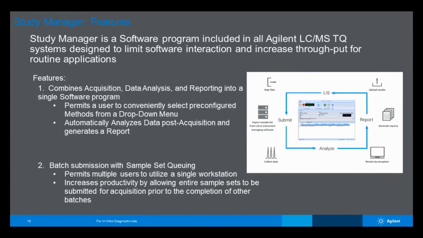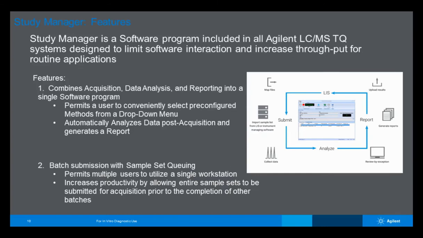Because of that, we can increase our throughput with Study Manager by having drop-downs of specific methods that we know we're going to be running. It also has the ability to automatically do post-acquisition data analysis and automatically generate reports for our submissions. As I mentioned before, it combines with batch queue submissions so that multiple users can utilize a single workstation.